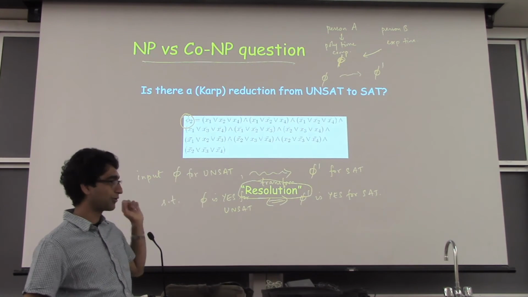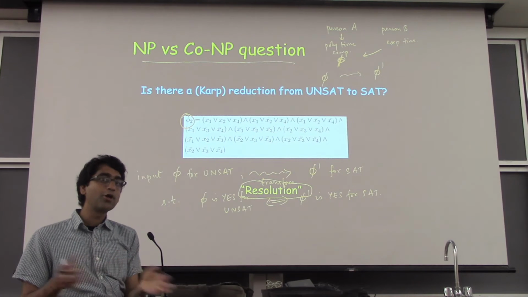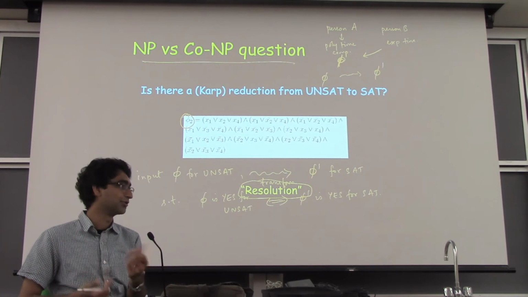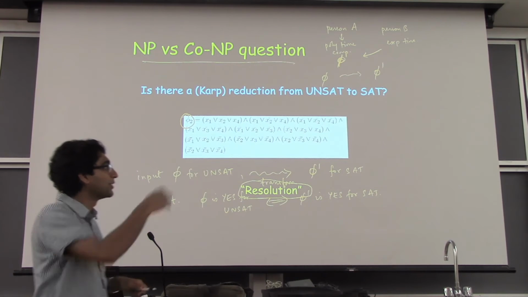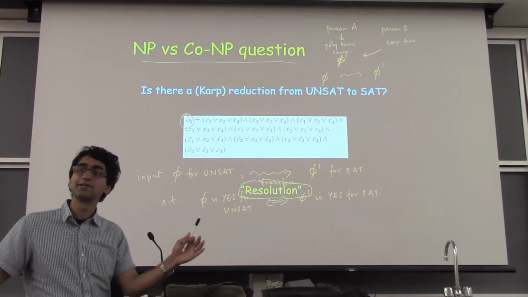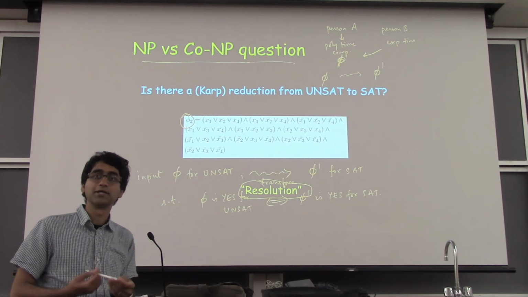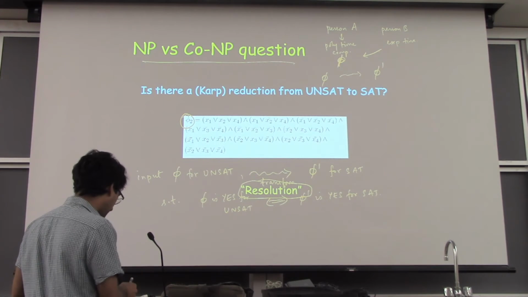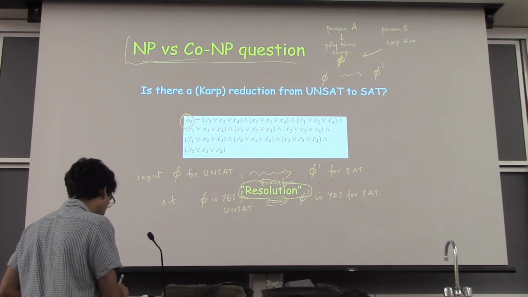Resolution is one of them, but not all formulas have short proofs using resolution. There are formulas for which you might need exponentially long resolution-based proofs. So there are no short proofs of them. This is one of the major open questions in complexity.